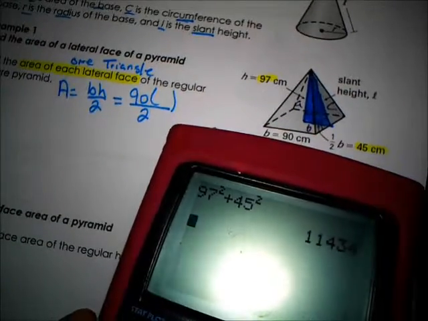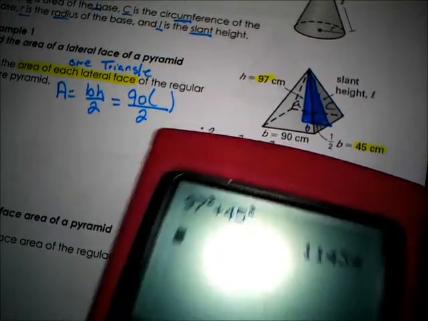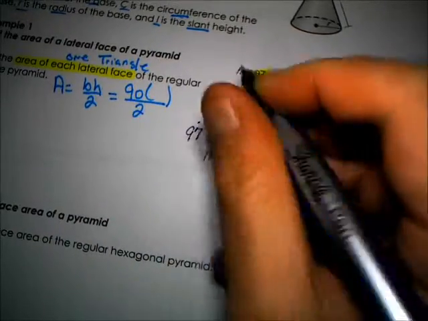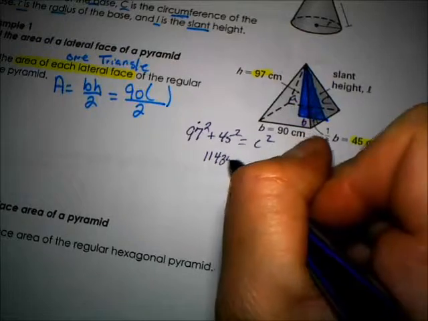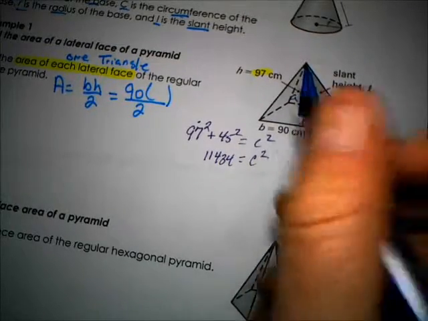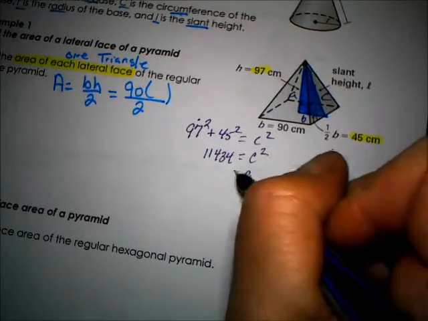Okay, if I do 97 squared plus 45 squared, I get 11,434. And that is equal to my c squared, so c will be the square root of that.